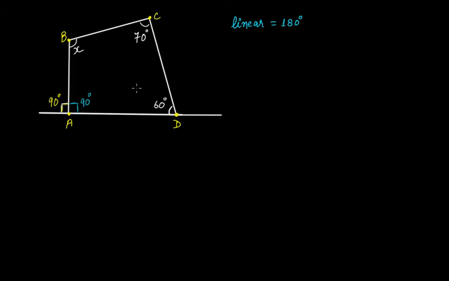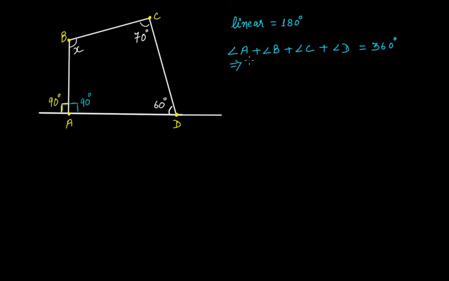Now let's name angle A, angle B, angle C, and angle D. These are the internal angles. So angle A, that is angle DAB, plus angle B, that is angle ABC, plus angle C, that is angle BCD, plus angle D, that is angle CDA, is equal to 360 degrees.